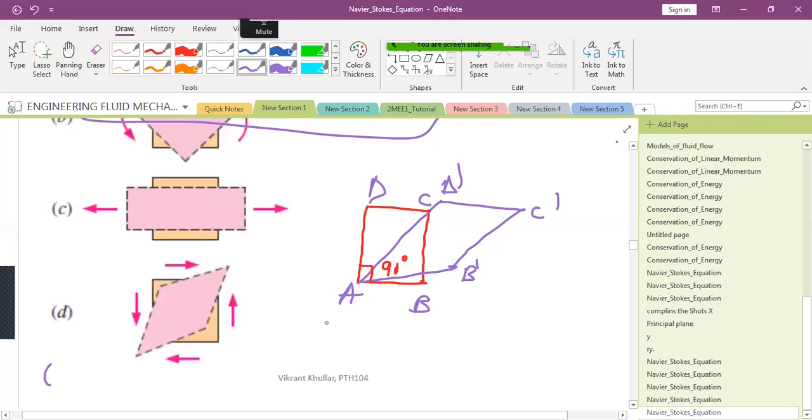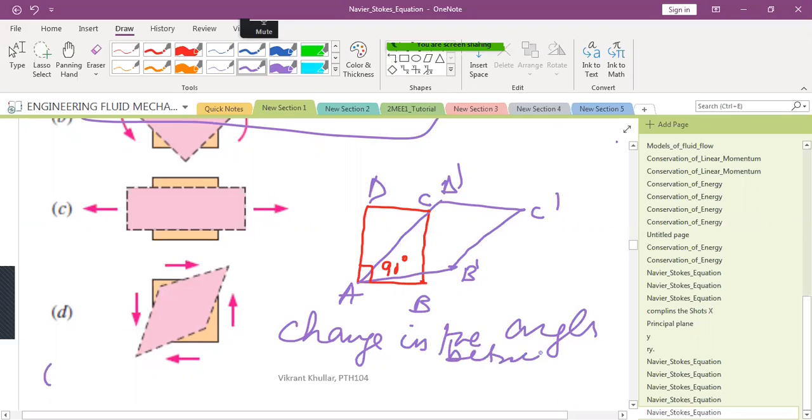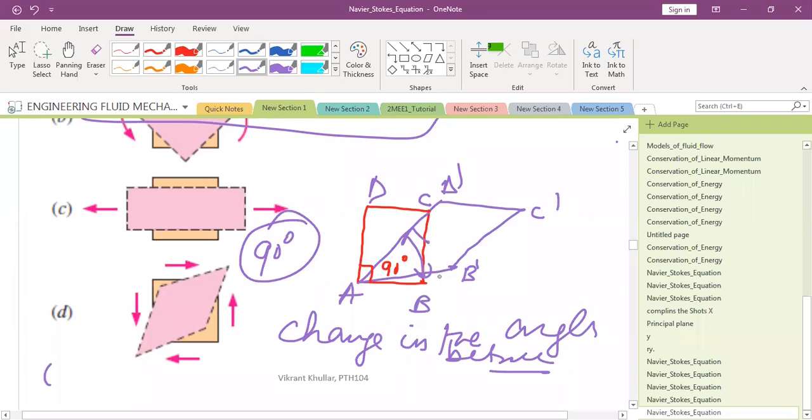Now please remember, as far as angular deformation is concerned, I define angular deformation as change in the angle between two adjacent sides. So originally it was 90 degrees. Now what is the angle between the adjacent sides? If this is alpha, this is beta, what is now the new angle? 90 minus alpha plus beta is the new angle.